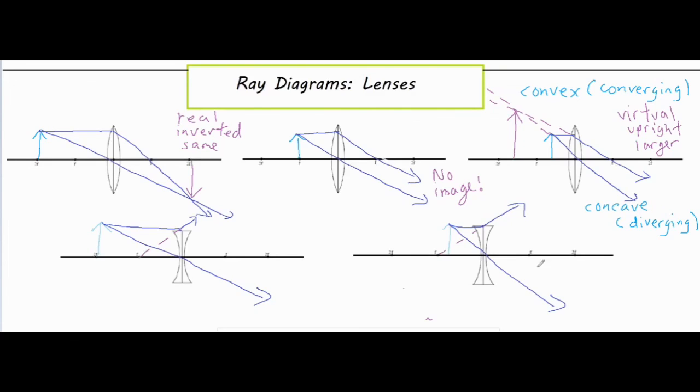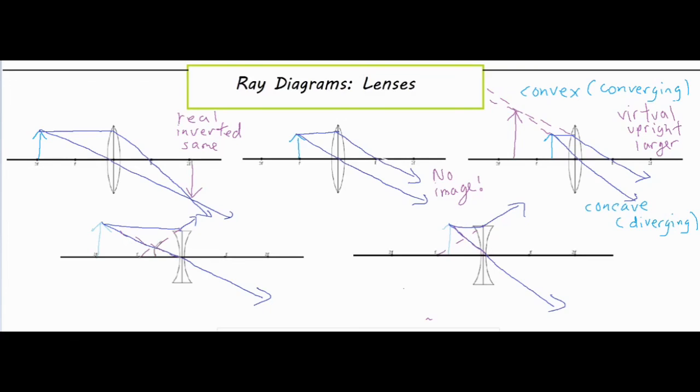Okay, now because these two are diverging from each other, just like we did over here, we always dot it back to see if we have a virtual image. And I did actually already dot this one back. And if you dot this one back, you're basically tracing the same line.